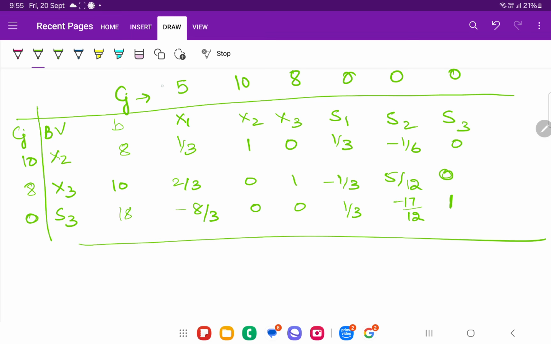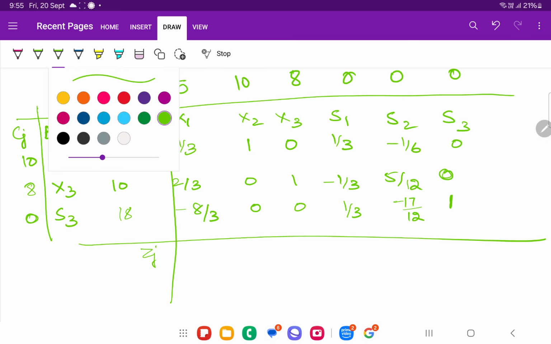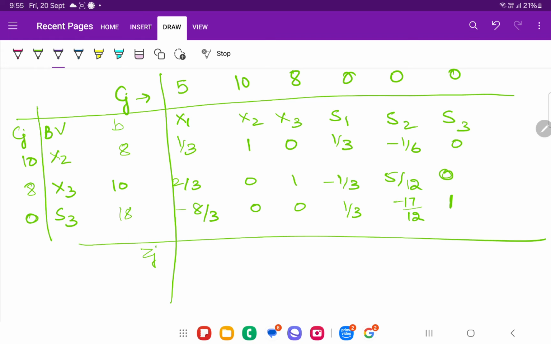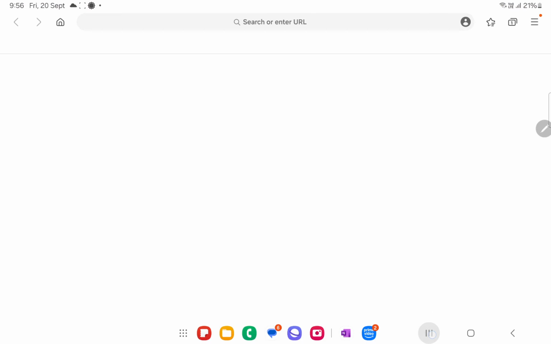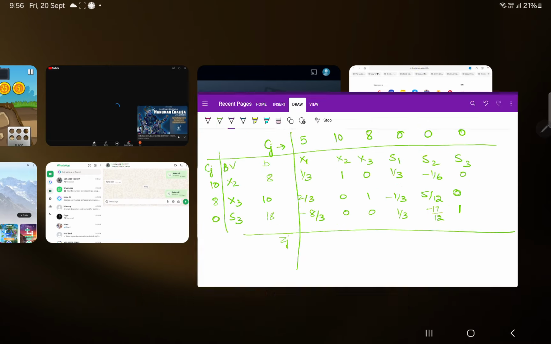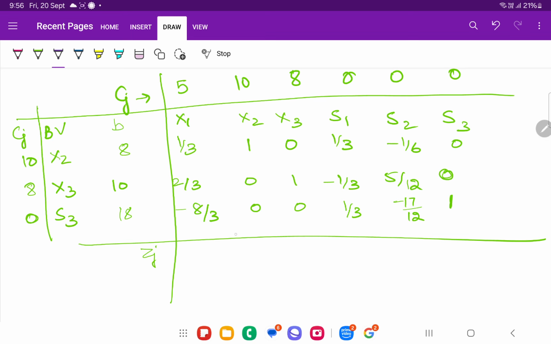Next, again I will calculate Zj. For that it will be 10 into 1 by 3 plus 8 into 2 by 3 plus 0 into minus 8 by 3, which will become 26 by 3, this is going to be 10, this is going to be 8, this is going to be 2 by 3, this is going to be 5 by 3 and this is going to be 0.